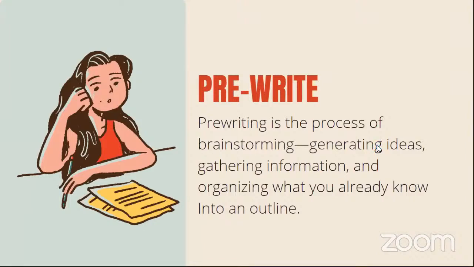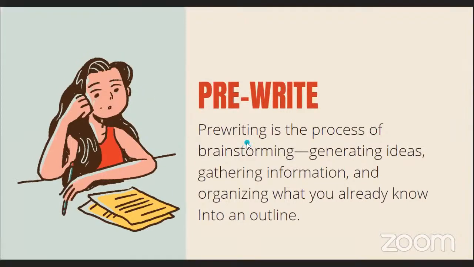During the pre-write, this is where you start brainstorming and generating ideas, gathering information, and organizing what you already know into an outline. This could be going online, checking Wikipedia, or, for instance, if you're writing on a particular technology, you can go to their official website or check the official documentation.